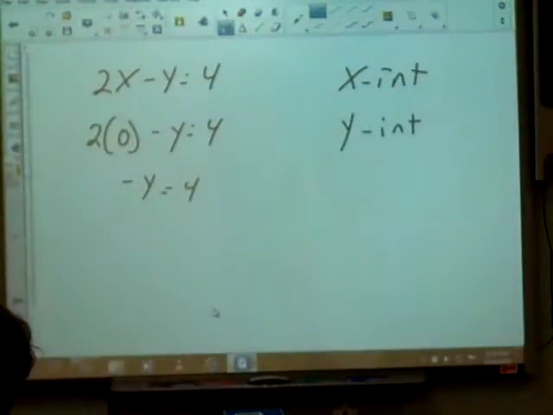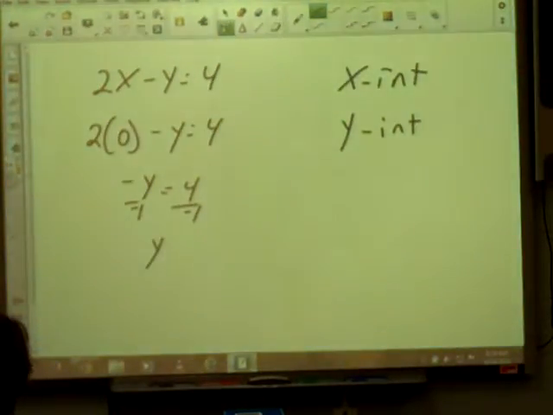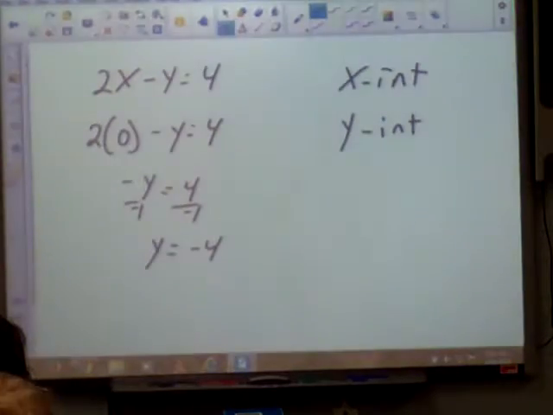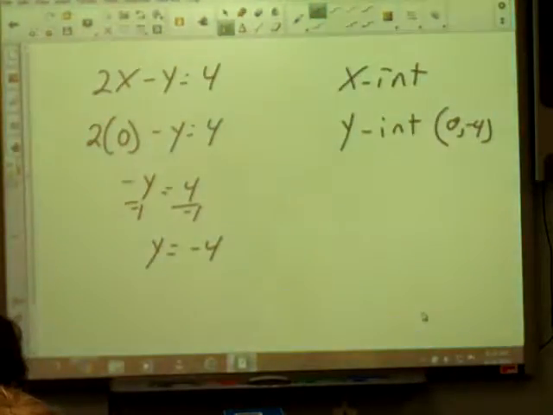Now that's almost good to go, but it's got a negative y. How do I undo a negative in front of that y? Divide by negative. So y is negative 4. Okay, so this y-intercept would be 0, negative 4. Right?